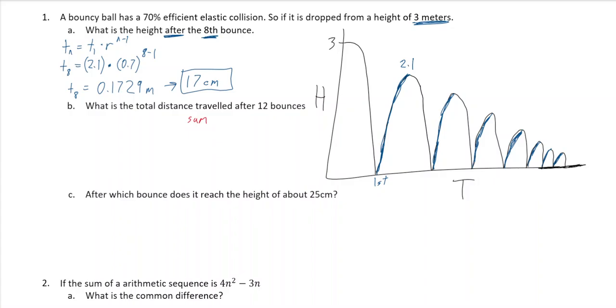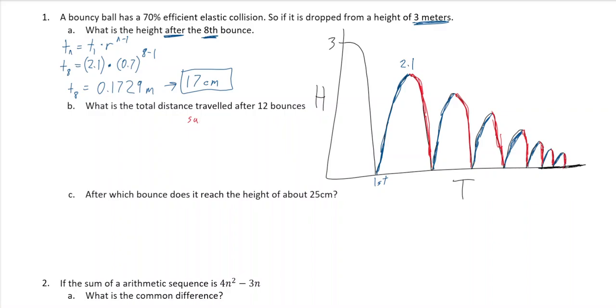But that's not what we want. We need the total distance. So we need to actually double it. We're going to need to add this red part in order to include the entire total distance traveled. So let me just highlight it all the way down.